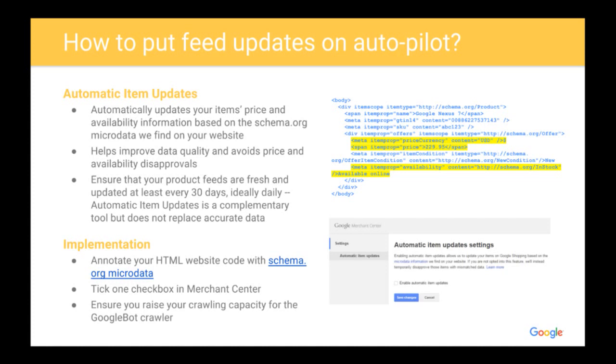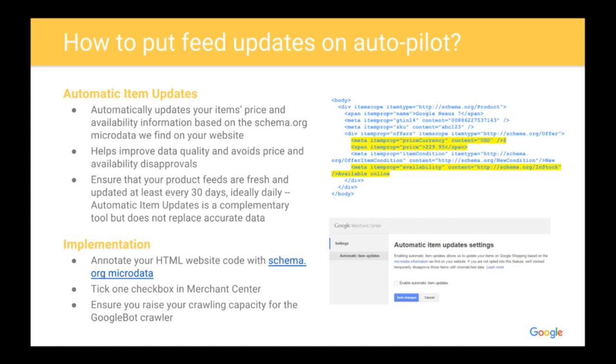So if you implement schema.org microdata on your site and enable automatic item updates, Google will crawl your website product page to find those meta tags for price and availability. And if price and availability between the feed and the product page are different, we'll actually update the feed price and availability to match the product page.